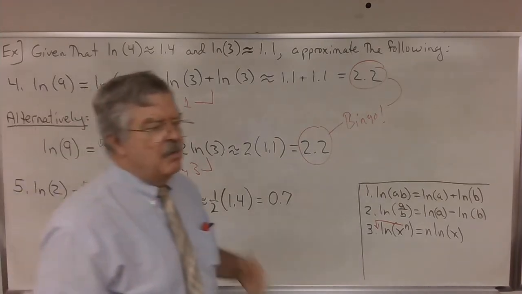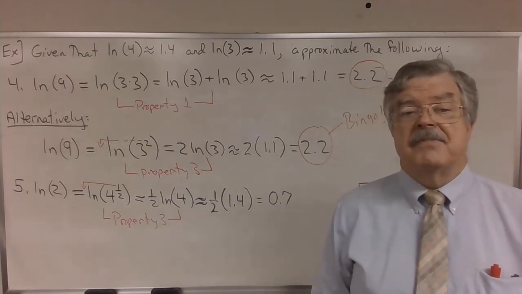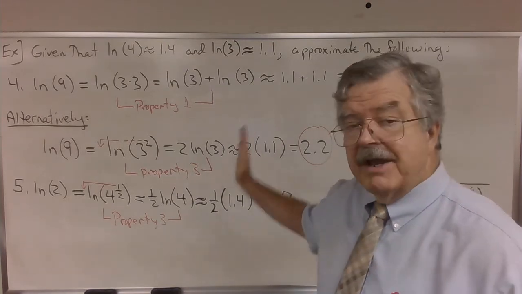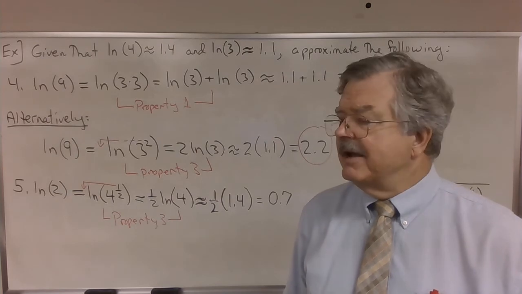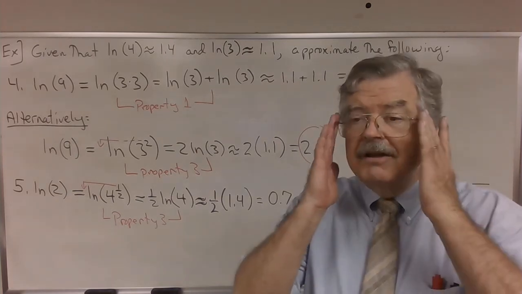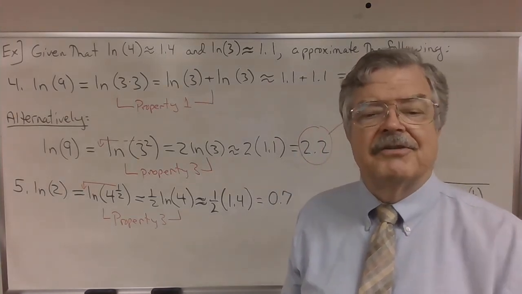I have some homework exercises of this fashion that I'll give you to work on after this video. Algebraic properties of logarithms. Right now, we're going to get back to the calculus of natural logarithms, because that's really what got us on this discussion in the first place.